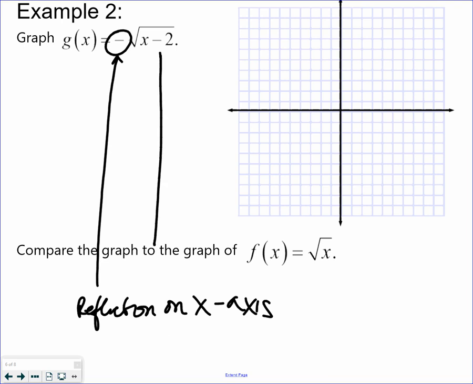A -2 on the inside, just like when we did parabolas, is a translation to the right 2. So you can describe this without even graphing it.